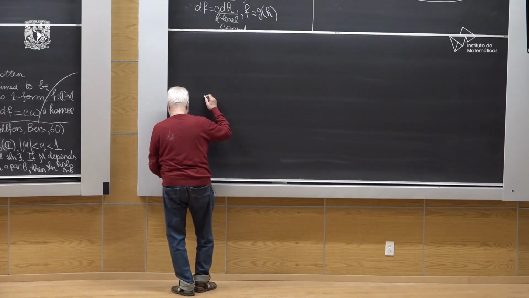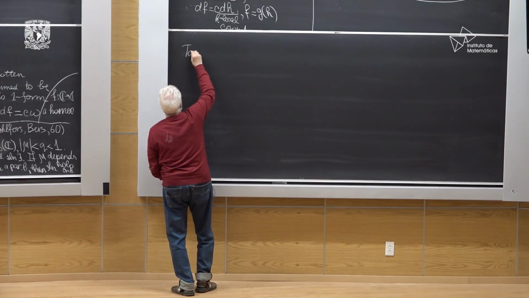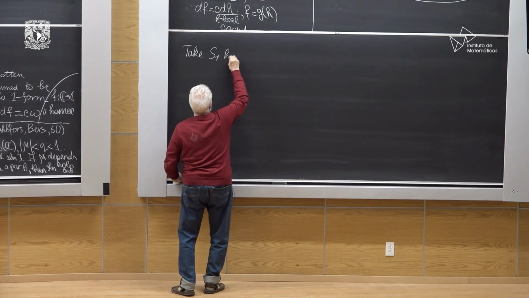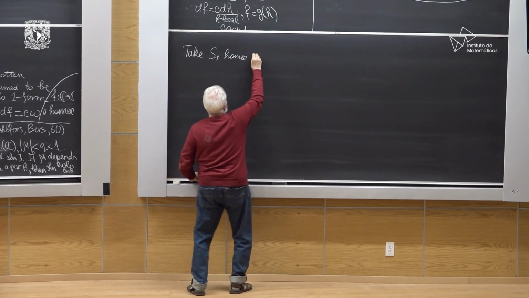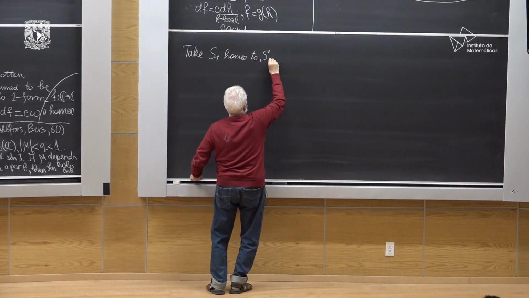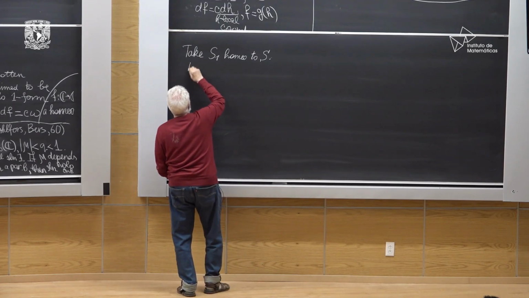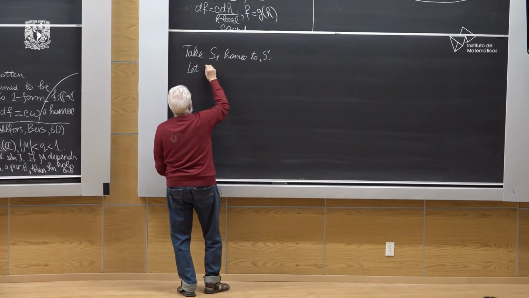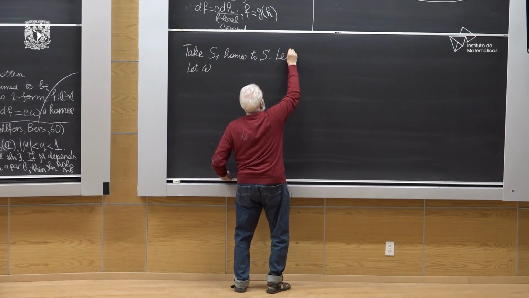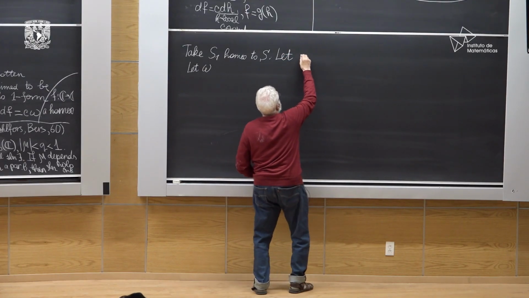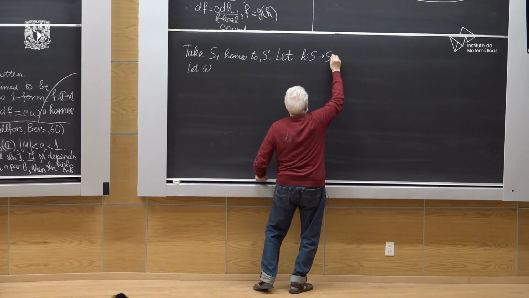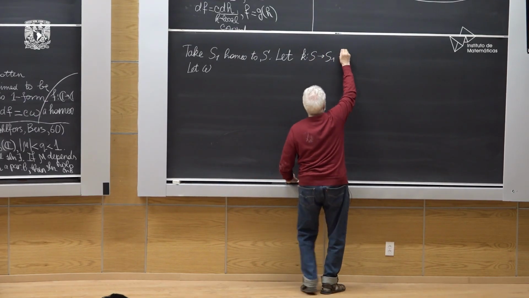Take S prime homeomorphic to S. Let K, S to S prime, be a diffeomorphism.